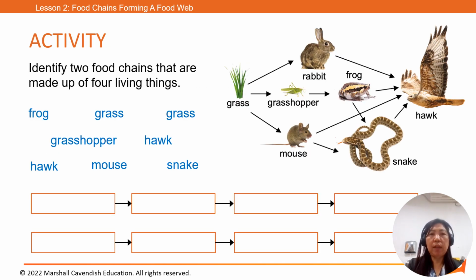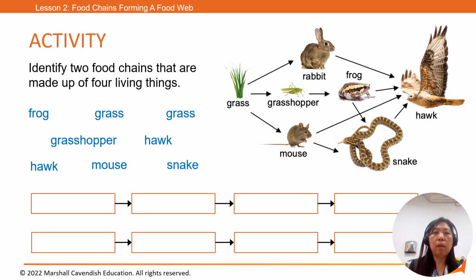So in this activity, we can see many food chains, okay, more than one food chain. To make you understand more, let's see. In this picture, we can see there is grass, rabbit, grasshopper, mouse, frog, snake, and also the hawk.